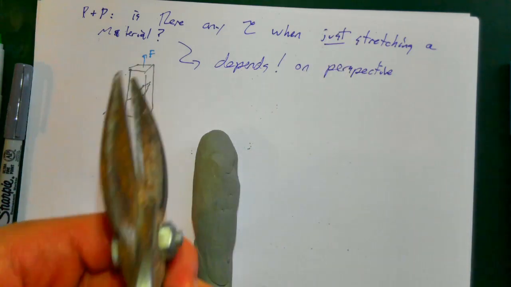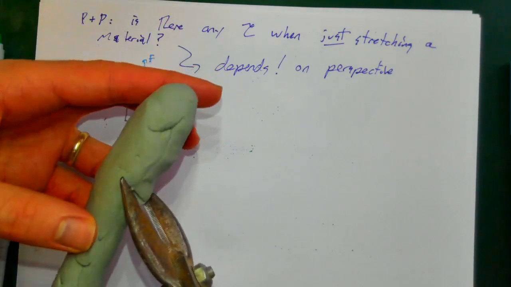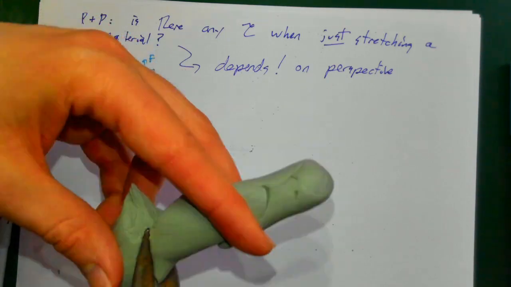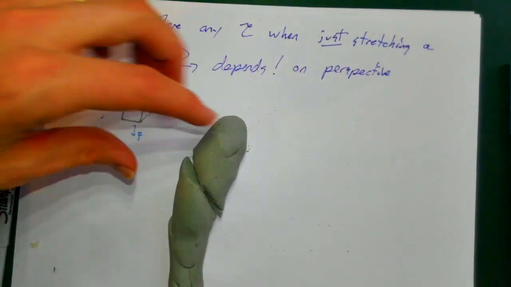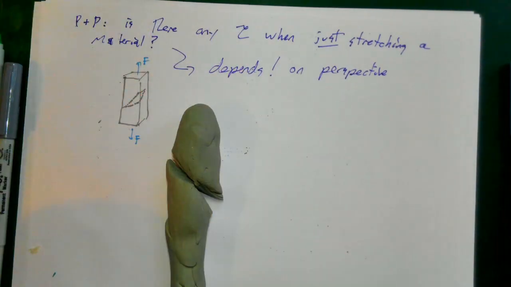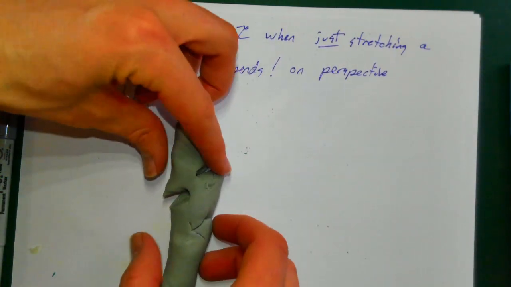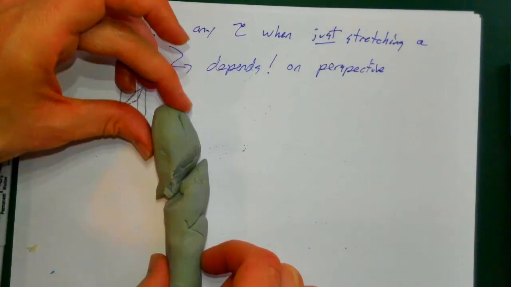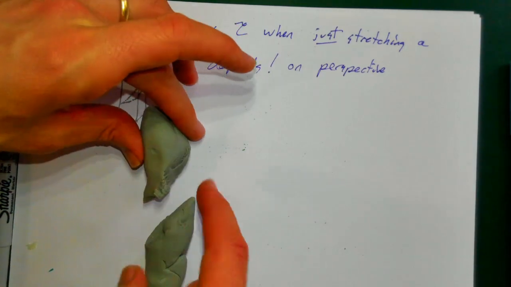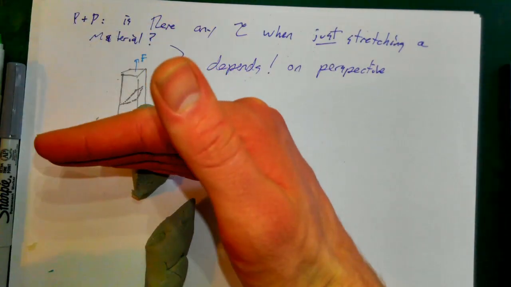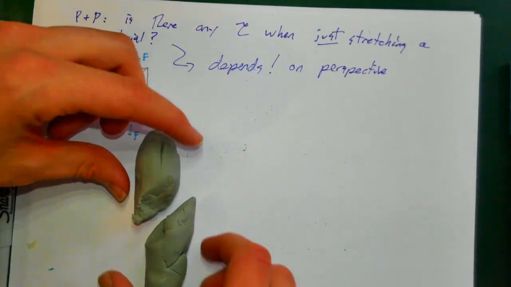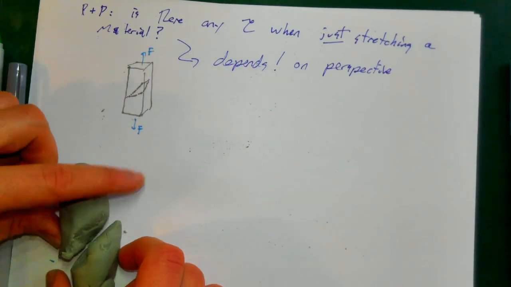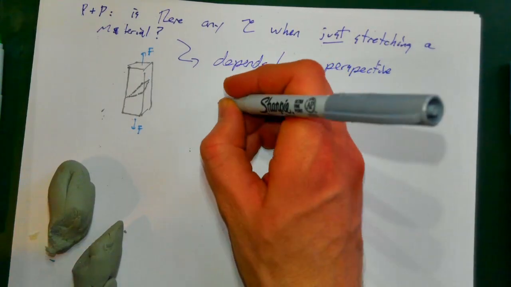Imagine I snipped it, an angled cut through the Play-Doh, while I'm applying my tension like this. If I pulled it apart on a perfectly perpendicular surface, there's no shear stress, it's purely normal stress. But if I imagined slicing the surface like this, it turns out that there actually is shear stress.